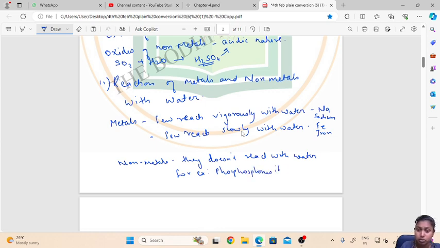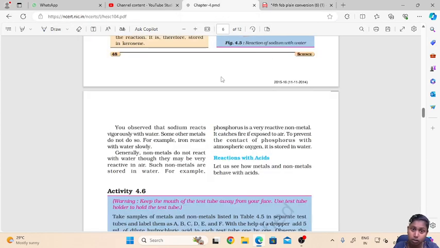It is stored in water to prevent catching fire when exposed to air. So phosphorus catches fire when it is exposed to air. To prevent that, it is stored in water, as non-metals don't react with water.